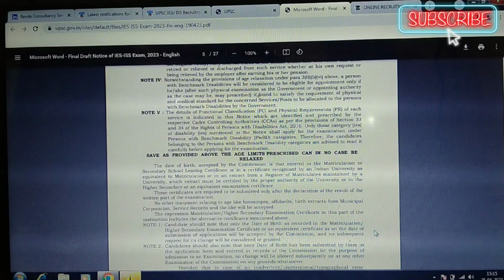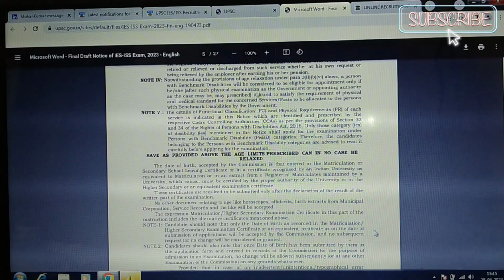These are the very important points for the reservation. The upper age limit is up to 35 for the SC/ST, 35 for the OBC, 33 for the ex-serviceman, and 35 for the benchmark disabilities including SC/ST and OBC, that is up to 40 years.